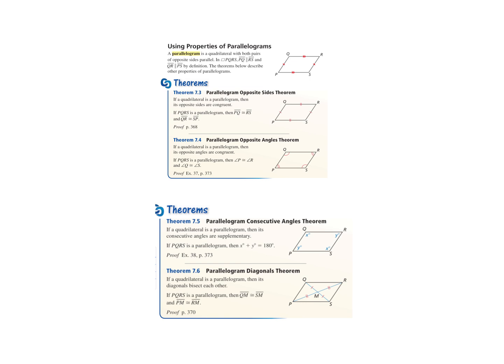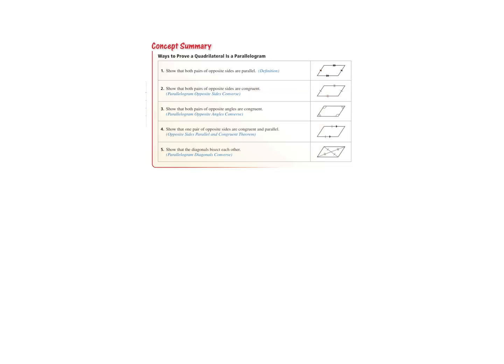Looking at the next slide, these are some theorems for parallelograms. Keep in mind there is a Quizlet on Canvas. It is up there, but I'm going to put it at the bottom just so you have it for the review. This is also what makes a parallelogram a parallelogram.